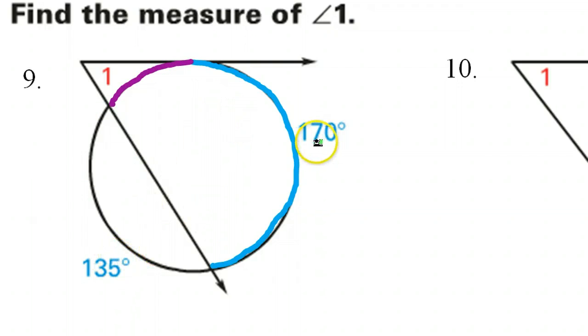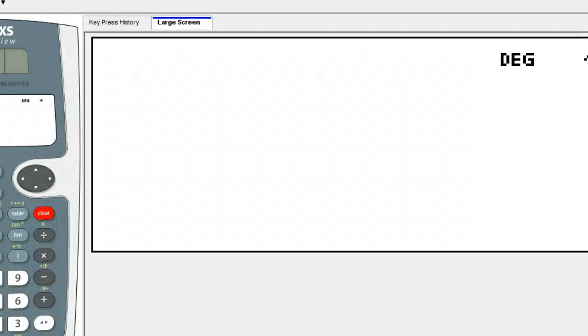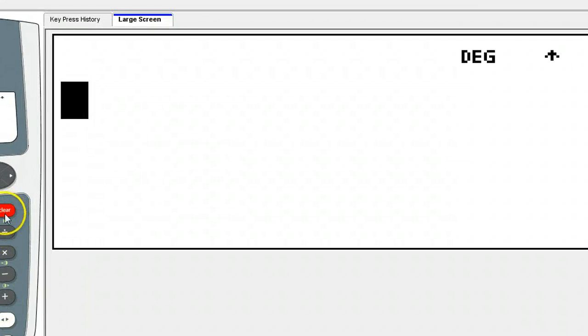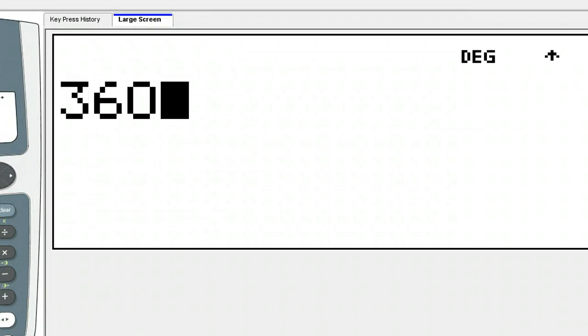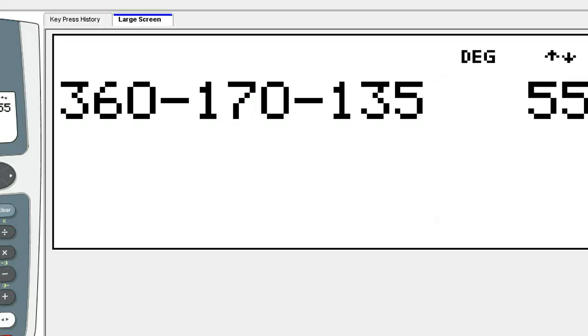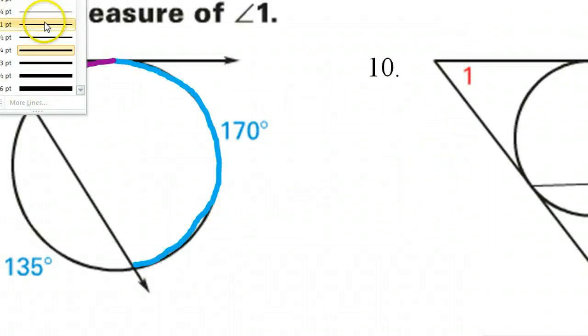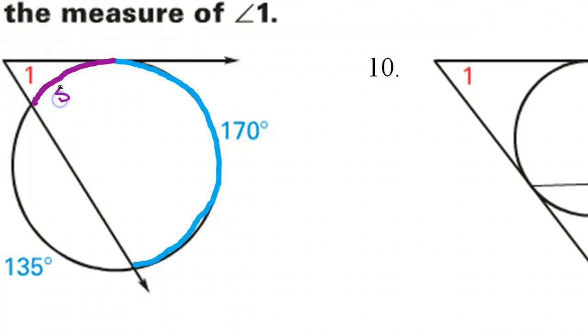I'm subtracting 170 and 135. That is 55 degrees. So that tells me that the small arc here is 55 degrees.